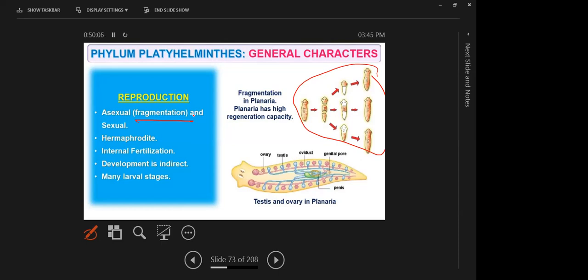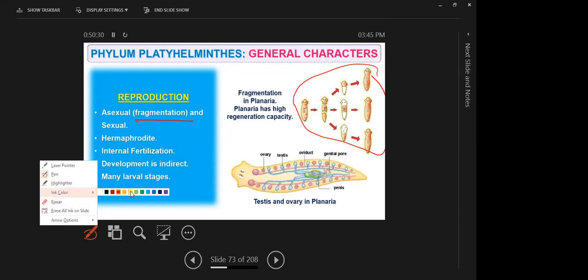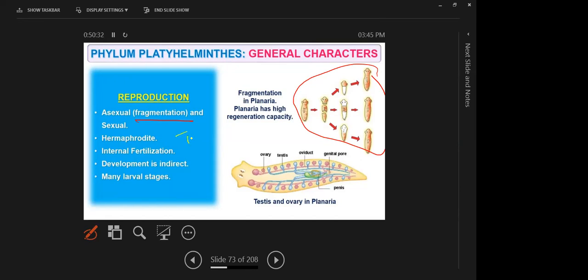Each fragment can develop into a new organism. How is this new organism formed? Because each fragment will have specialized cells. These cells are totipotent. What do you mean by that? Total potential to develop into a new organism. The cells are totipotent in nature.